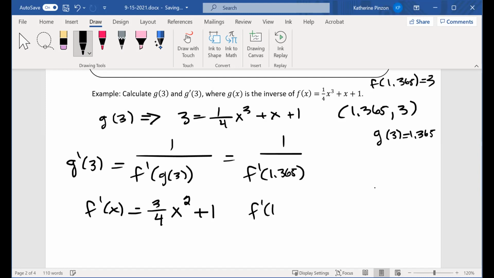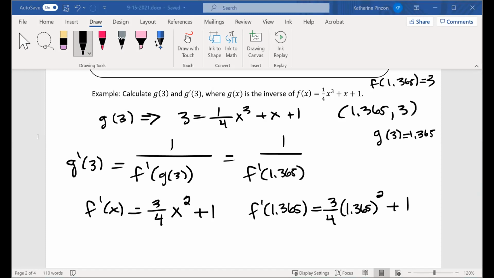So f prime of 1.365 is 3 over 4 times 1.365 squared plus 1. I'll put that in my calculator. It is 2.397, let's say. And that's what goes here.